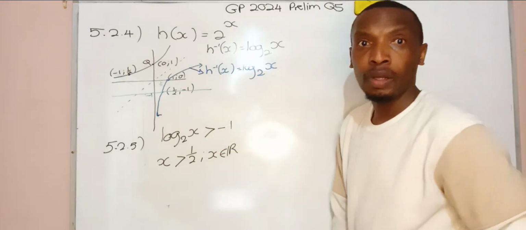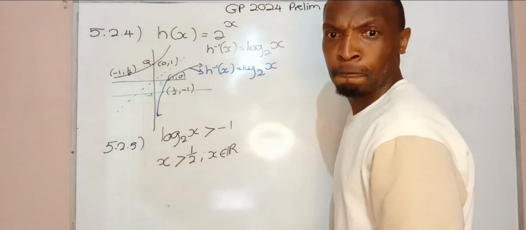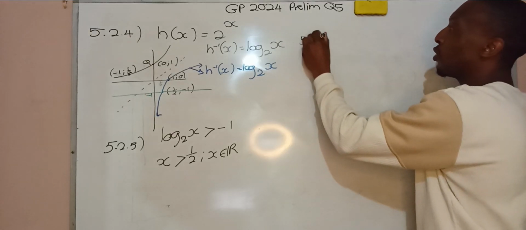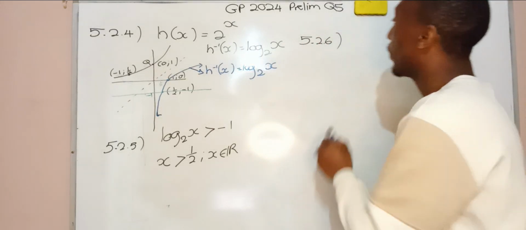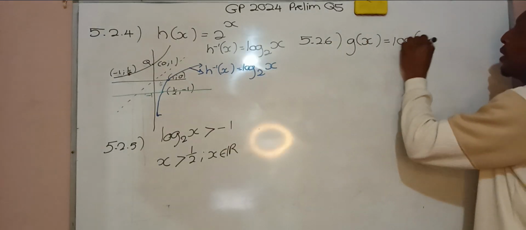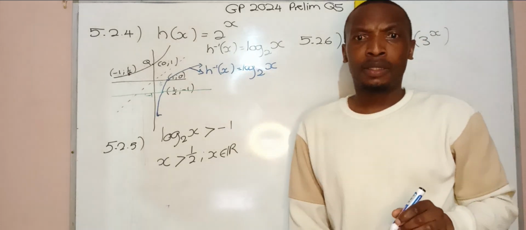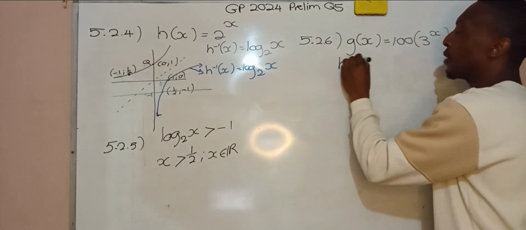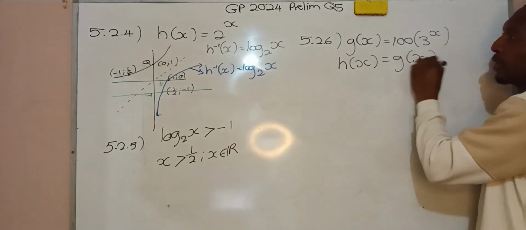All right, let's look at 5.2.6. Let's squeeze it in here. They say if g of x is equal to 100 times 3 to the x, determine the values of x for which h of x is equal to g of x.